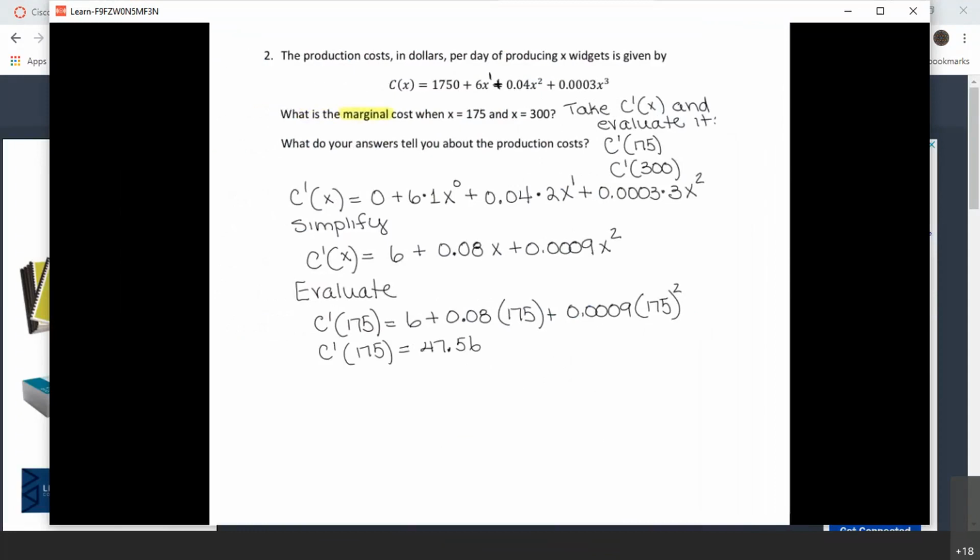All right, and then they want us to evaluate it at a different value. So evaluated at 300.